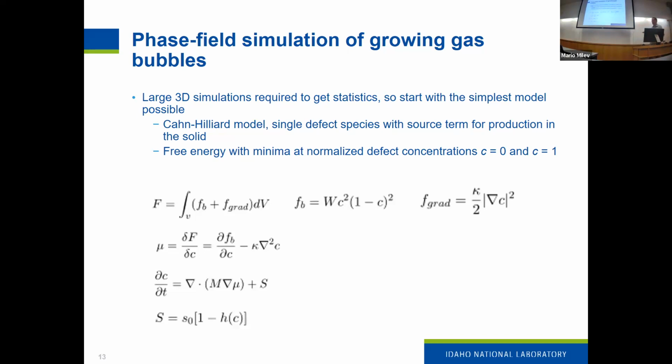Then we have another contribution to the energy, this gradient term, that represents the interfacial energy between the bubble and the matrix phase. And so we have a diffusion type equation here with a source term that represents the production of these fission gas atoms.